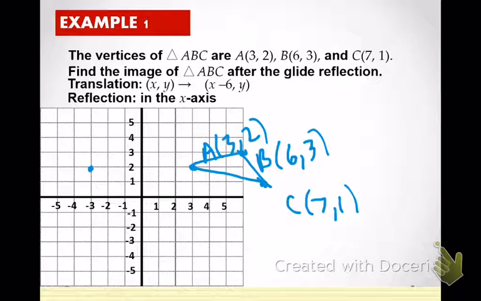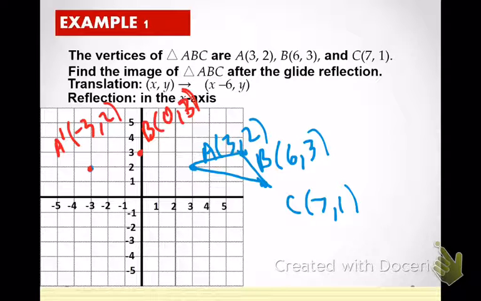Let's do this in a different color. So we've got A prime is negative 3, 2. B prime is 0, 3. And then for C, we subtract 7 minus 6 is 1.